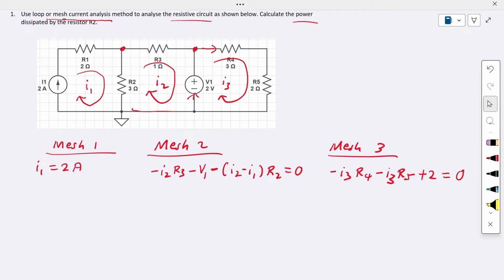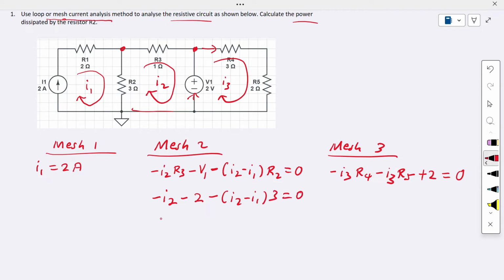So in this case, we can substitute the values for mesh loop 2. Here R3 is equal to 1 ohm. So it's minus I2, and minus V1, we substitute V1 here as 2 volt. And then here I2 minus I1 times R2, which is 3 ohm.